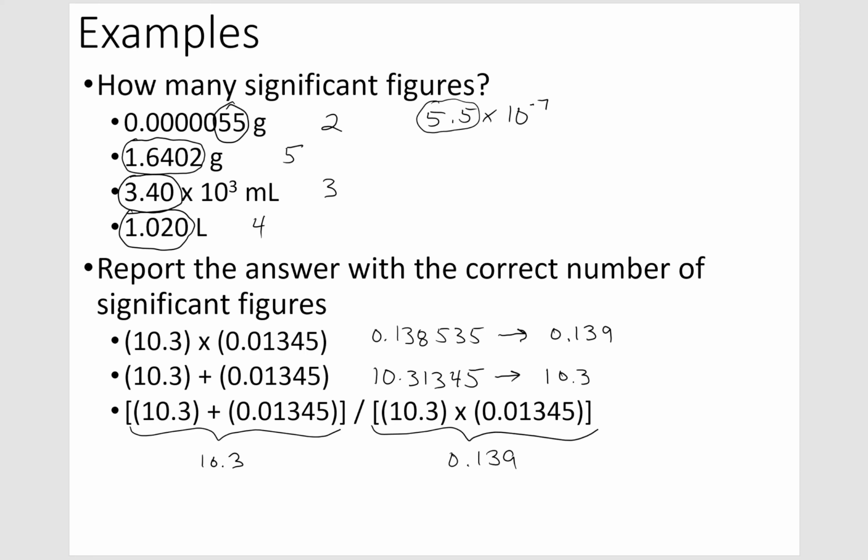What I'm going to do is divide those two: 10.3 divided by 0.139, and I get 74.1. Again, I round that off to 3 significant digits because when I do division, this one has 3, this one has 3, so when I divide those two, I also go to 3, and I get 74.1.